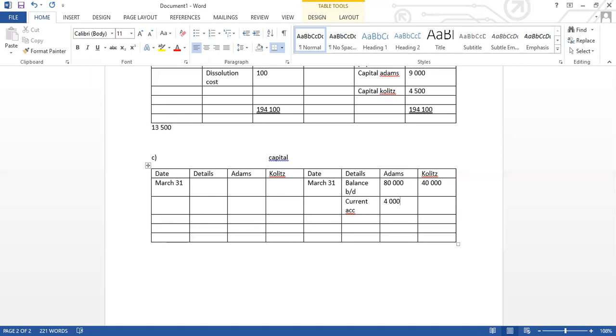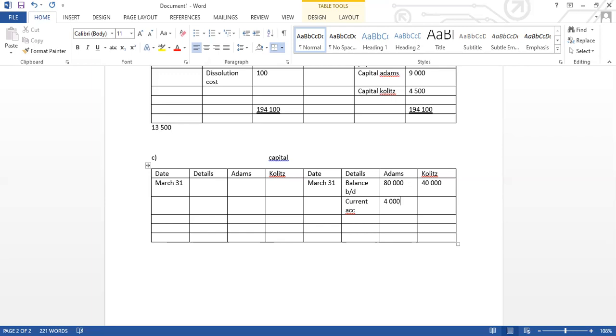Before that, can we just quickly check if you add up our equity and liabilities amounts, will they give us 164,000? Because if they don't give us 164,000, it means that the difference is the current account of Collins.